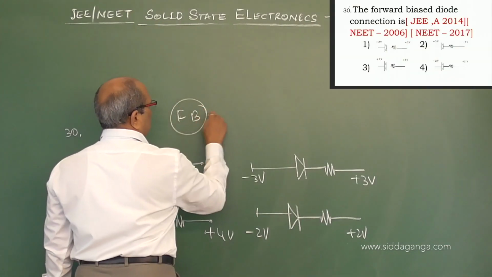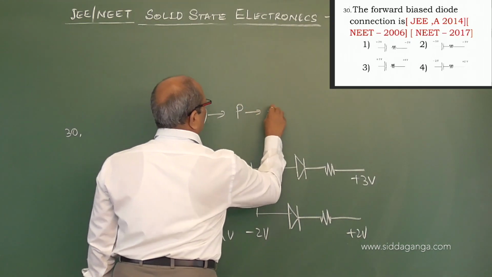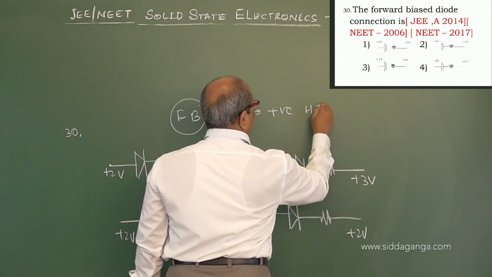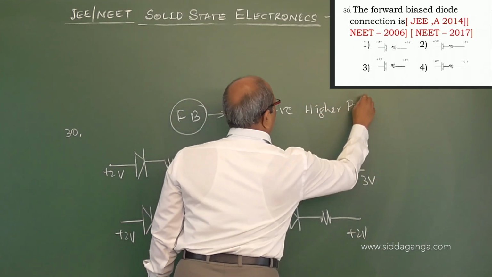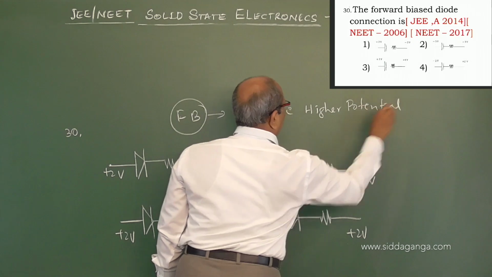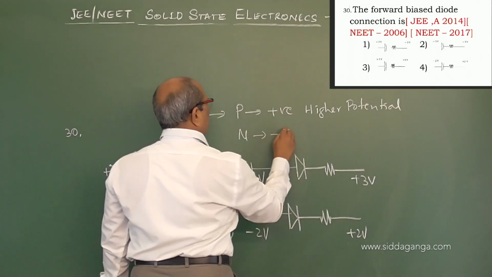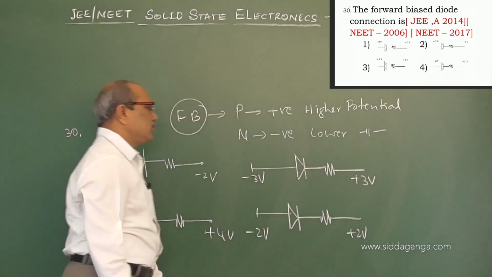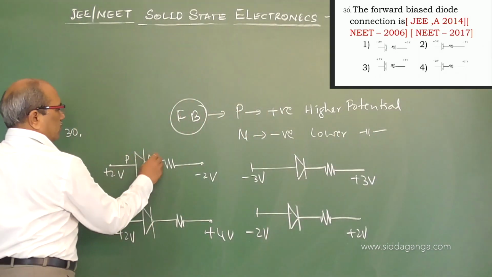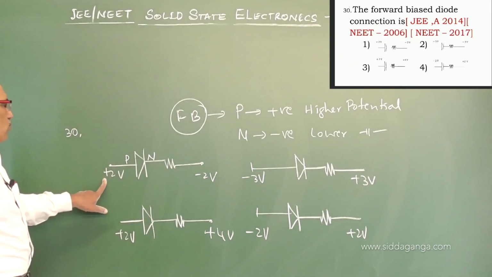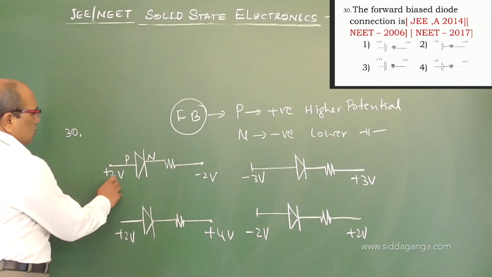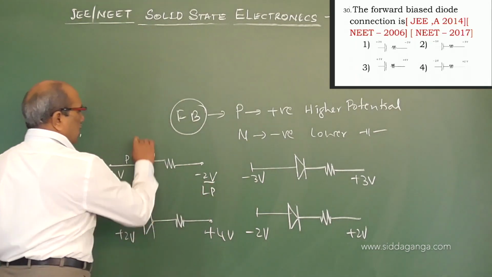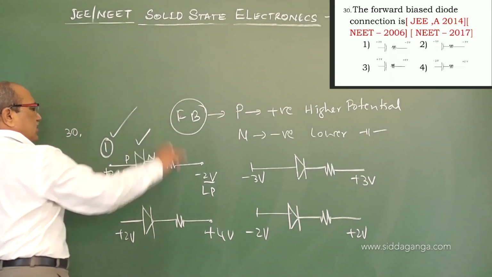In case of forward bias, P region must be connected to the positive terminal, meaning higher potential. Similarly, N must be connected to the negative terminal, meaning lower potential. This is P and N. P is +2, N is -2. When you see +2 with -2, it is higher potential, it is lower potential. Connection is right. Option may be the first one is right.